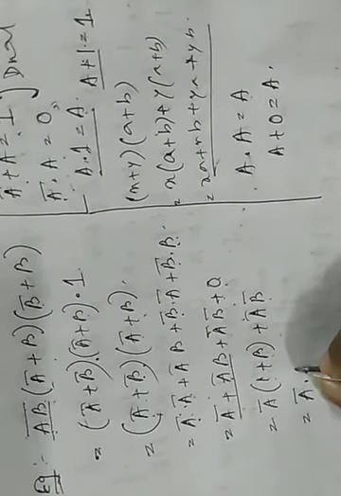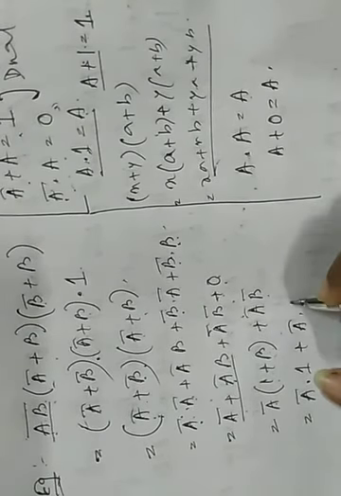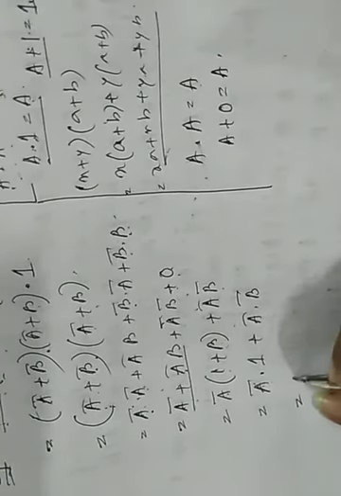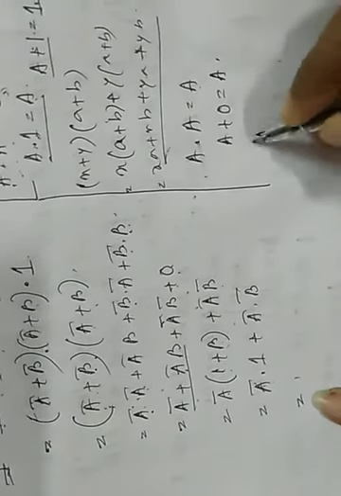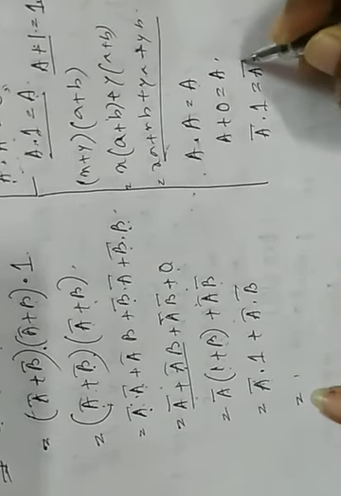a bar dot b plus 1 is 1 plus a bar dot b bar. So a bar, again anything dot 1 equals a bar.